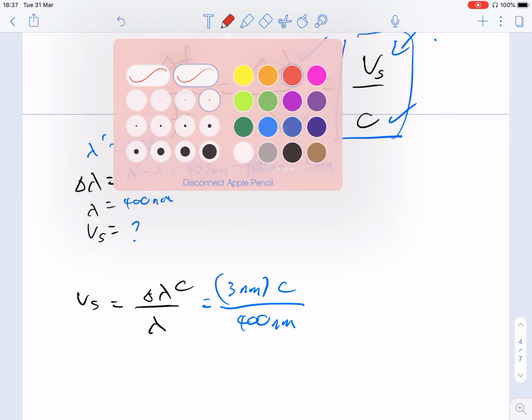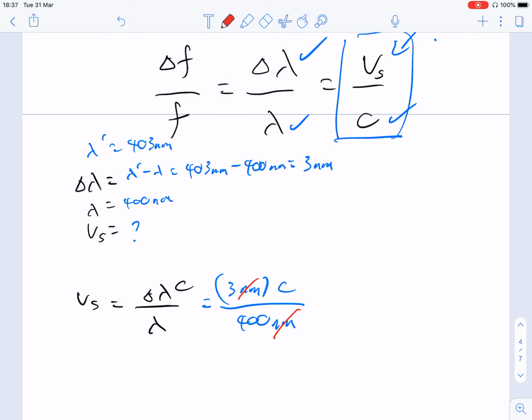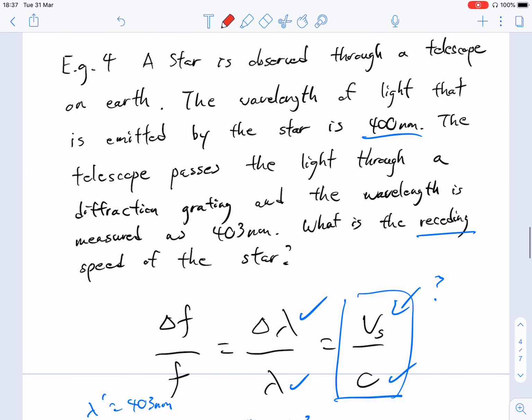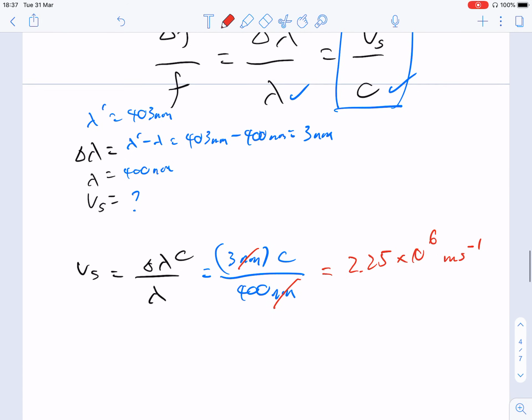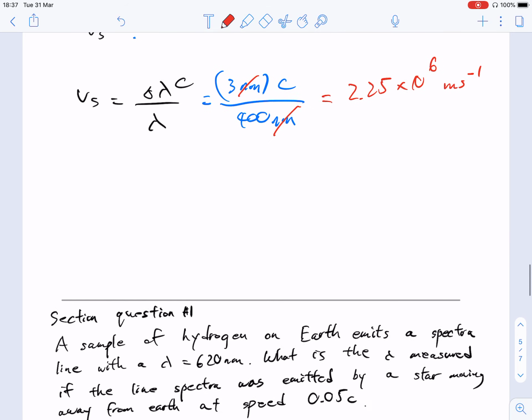The nanometers cancel each other out, and so it's really 3 over 400 times the speed of light, 3 times 10 to the power of 8. And we get 2.25 times 10 to the power of 6 meters per second. Okay, and that's not too bad. It's definitely less than the speed of light, 2 powers less, so that sounds about right. It's moving quite fast, obviously, but it's nowhere near the speed of light.